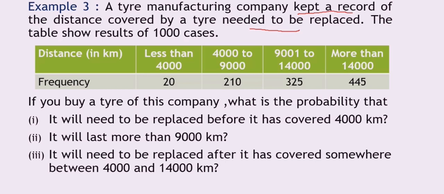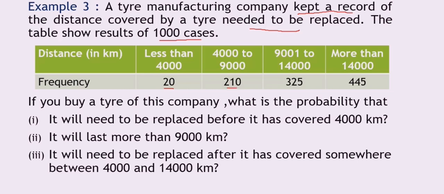There are 1000 cases total. Data of 1000 cases are taken, means that 1000 customers gave their data. They found out that in 20 cases out of 1000, the distance traveled was less than 4000, means when the tire covered 4000 kilometers, it needed to be changed.